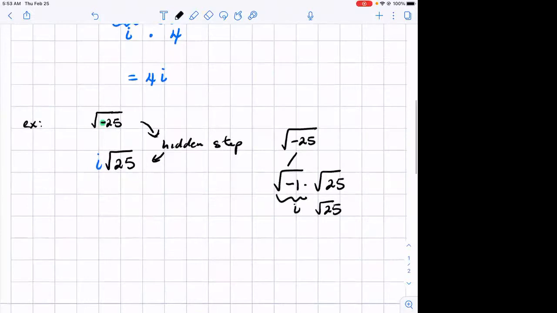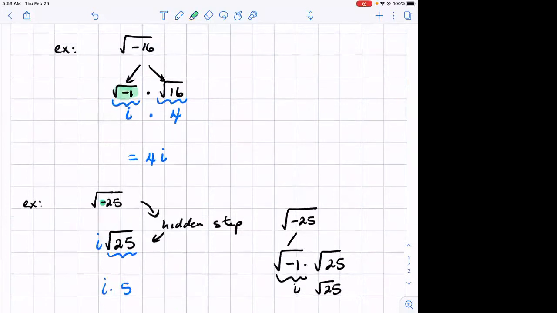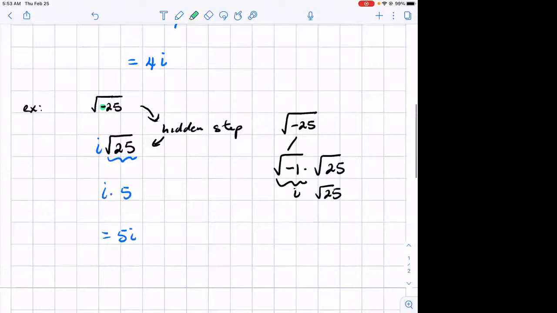And then we can simplify. The square root of 25 becomes i on the outside times 5, and that becomes 5i. So that's what I'm saying over here, right? Sometimes you can just ignore that step and just write i, as I did in this second example.